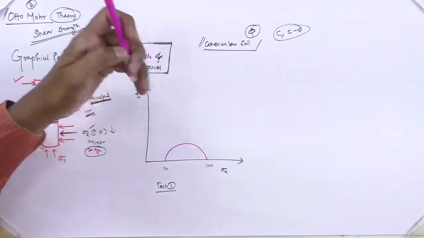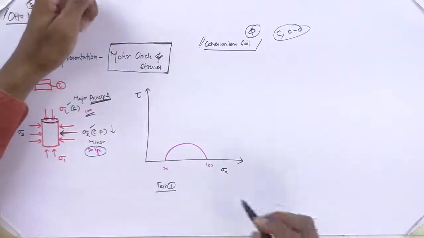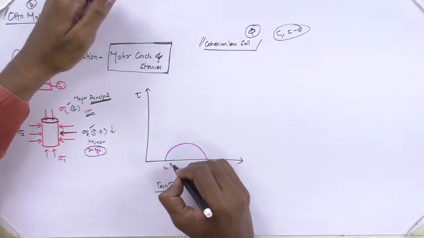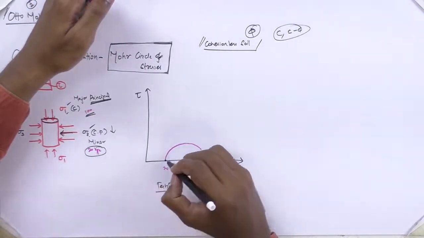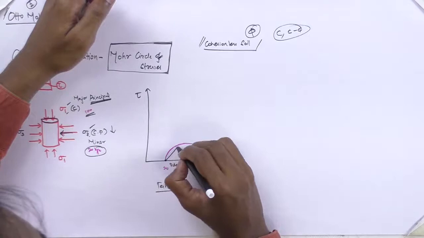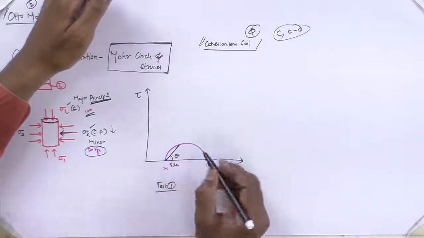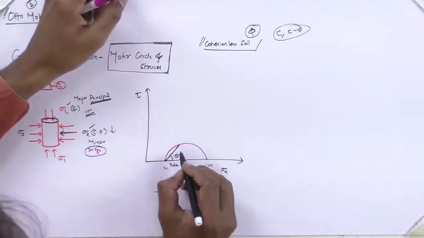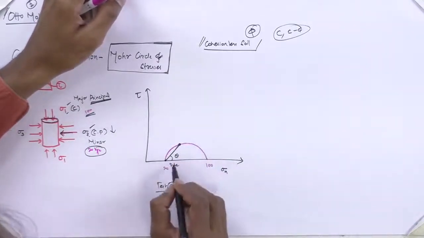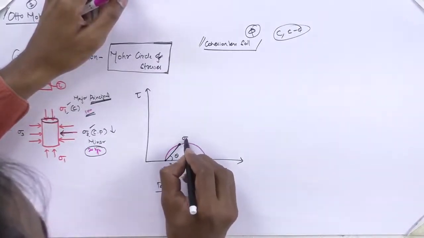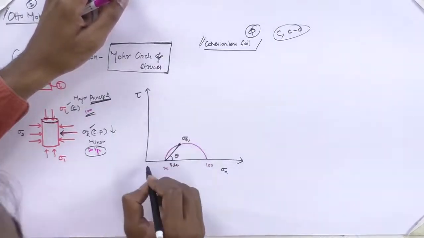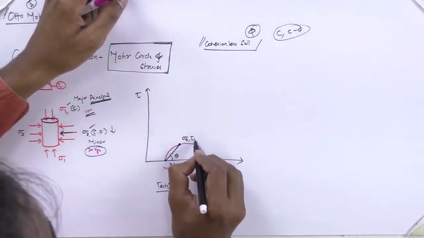So what he describes, at any plane, if you want to find the stress, is by using this pole. If you draw a line from the pole to a point on the circle, let us say at angle theta, what is the coordinate of this point? We get sigma theta in the x direction and tau theta in the y direction.